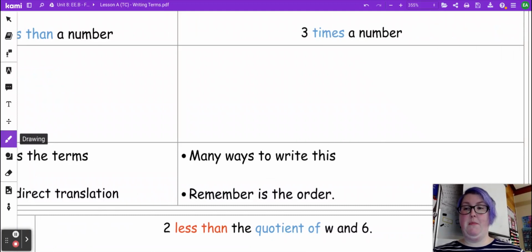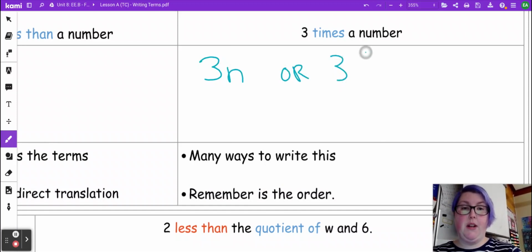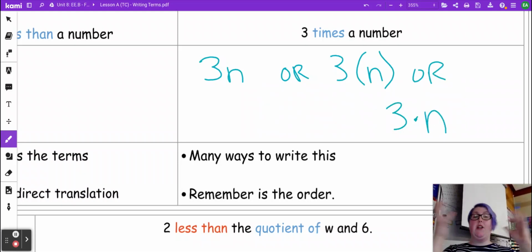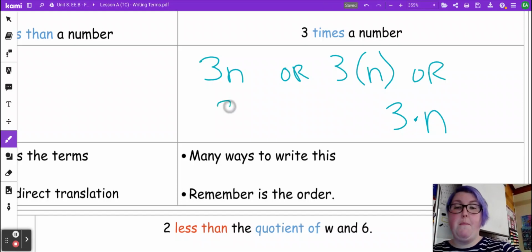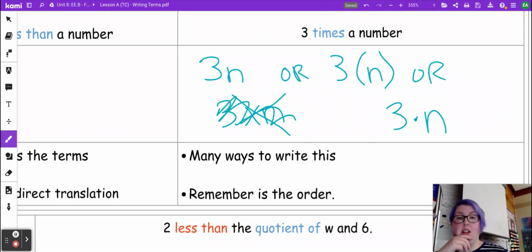3 times a number. There are so many ways to write multiplication. You could do just 3n, or you could do 3 parentheses n, or you could do 3 and then the dot and n, whichever one of these. But remember, if I see 3xn, that is not going to work.